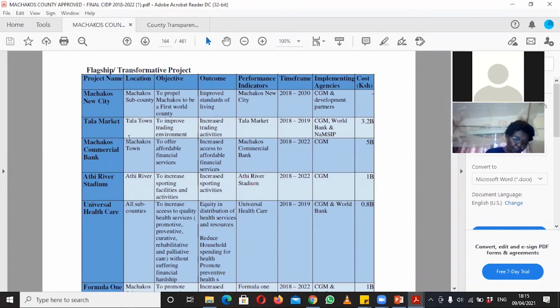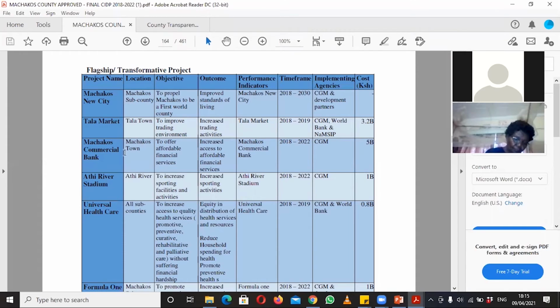So that means this project needs to have been done. The money is from the county government ministries, World Bank, and NAMSIP. They allocated 3.2 billion towards Tala Market. It will be nice if we follow up to know, as budget champions, whether it is there.